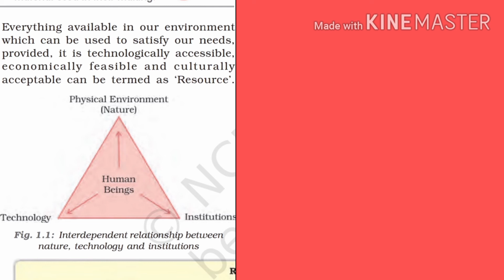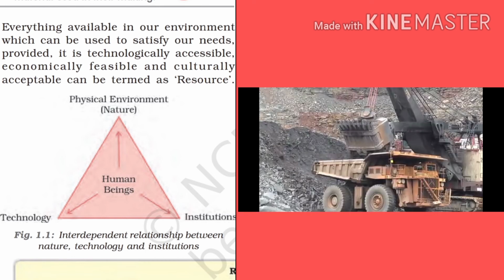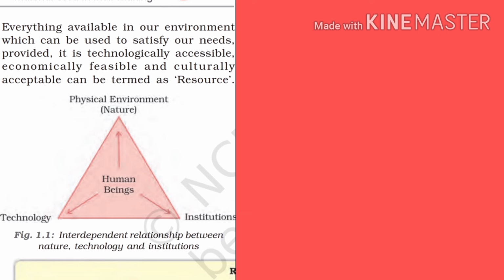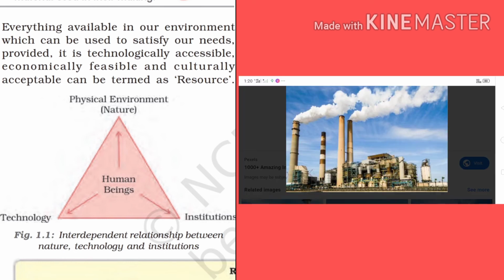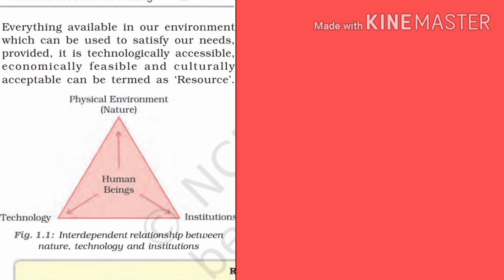That is nature. For extracting coal, what do we need? Technology, meaning different types of machines. After extracting the coal, we send it to different institutions, factories. From the factory, it goes to different other places.